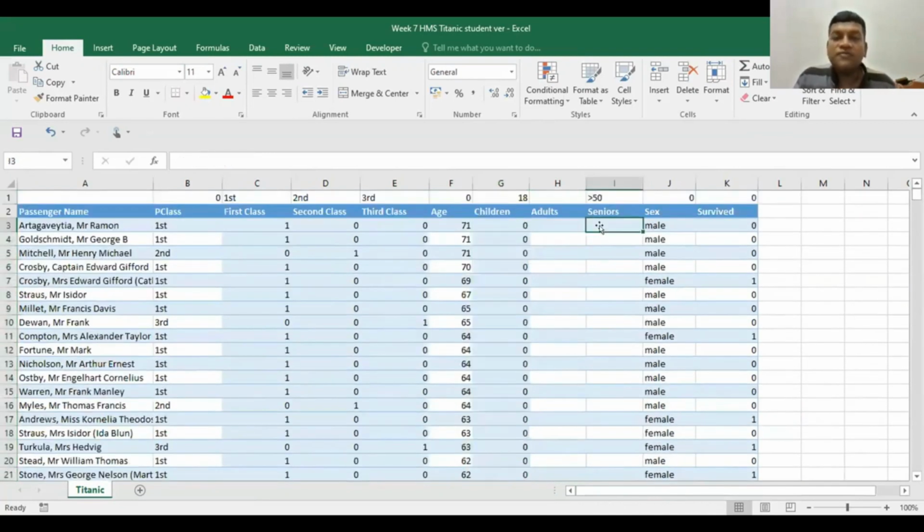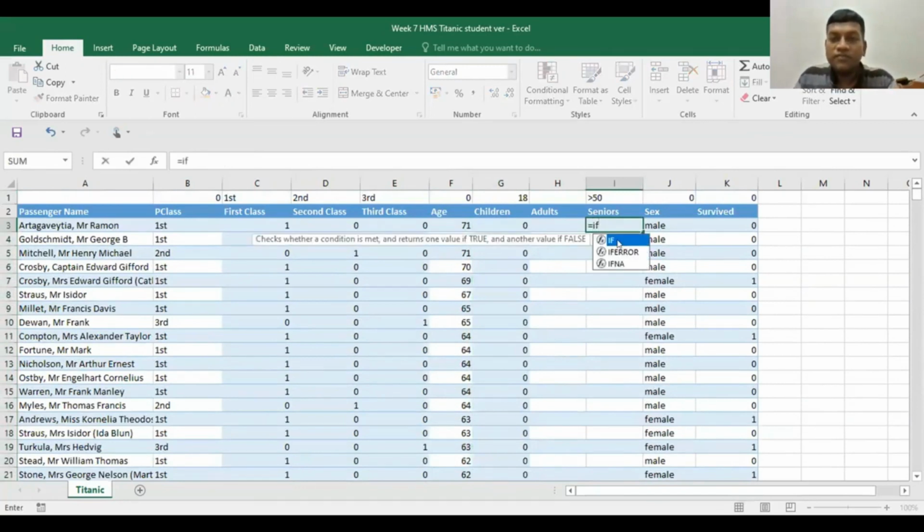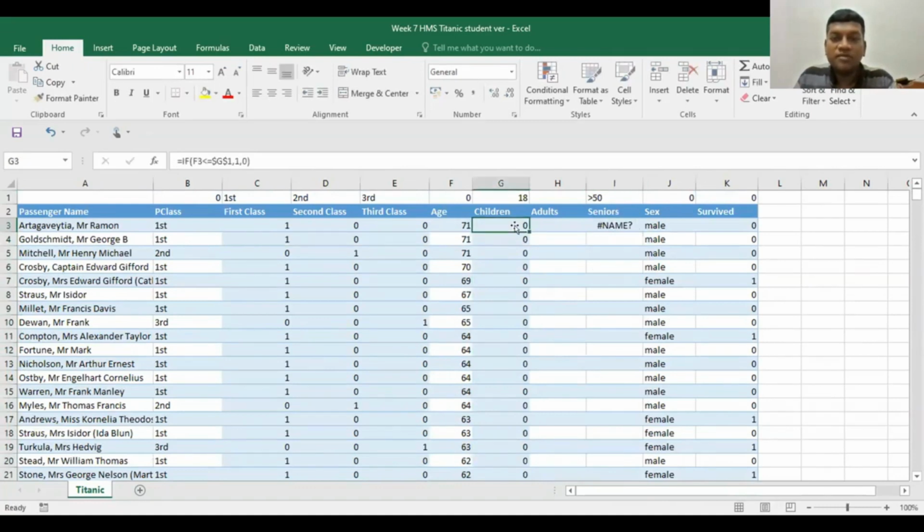Fine. Okay, above 50 seniors. So again, is equal to if, I can just copy this formula from here. Control C, Control V. I have to fix the cells correctly.